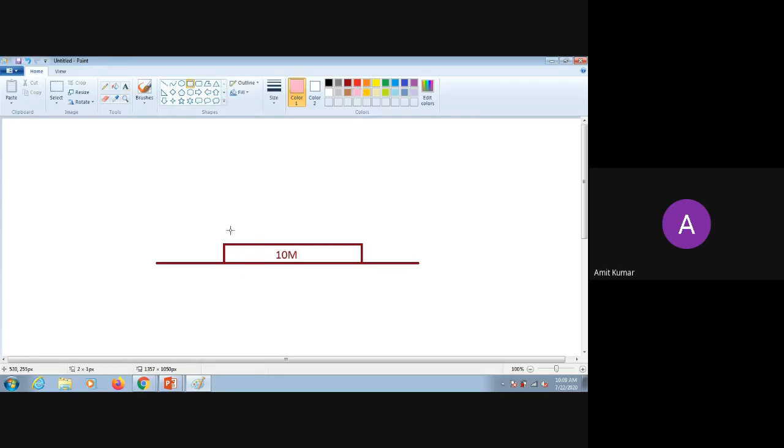The first signal we place here, then we place the second signal here. Same way we place all 8 signals.